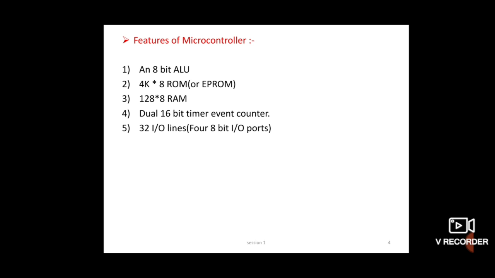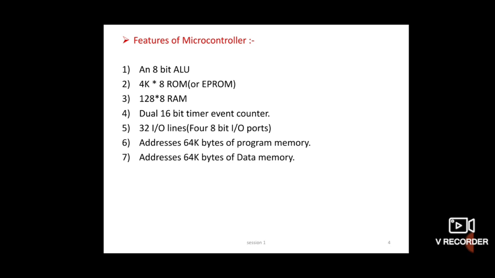32 IO lines: four ports are provided, and each port has a capacity of 8 bits, so the total is 32 IO lines. Address space is 64 kilobytes of program memory, as well as 64 kilobytes of data memory.